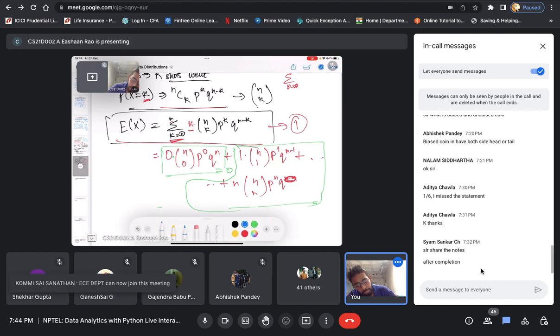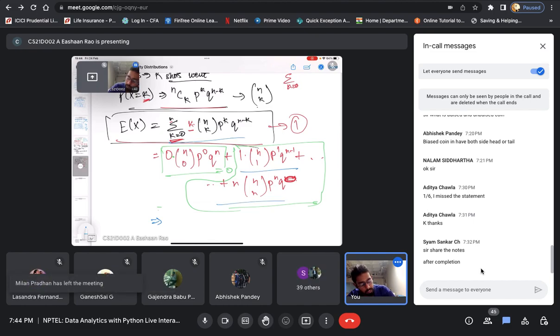Let me extract this out. If I write the same thing in this format, it will be summation k equal to 1 to n, k into nCk, and p raised to k and q raised to n minus k.